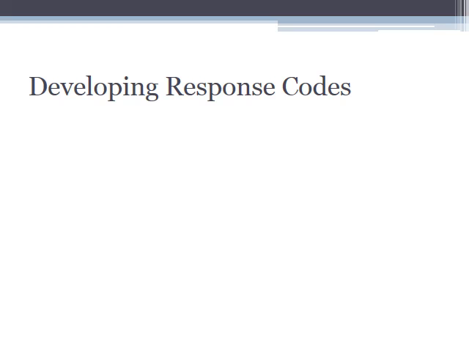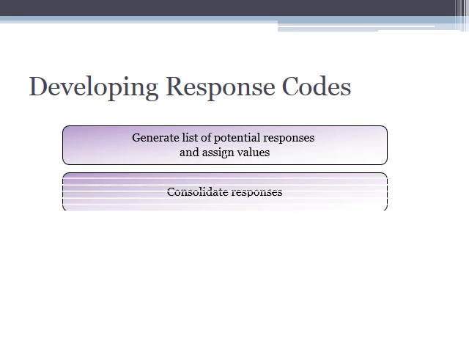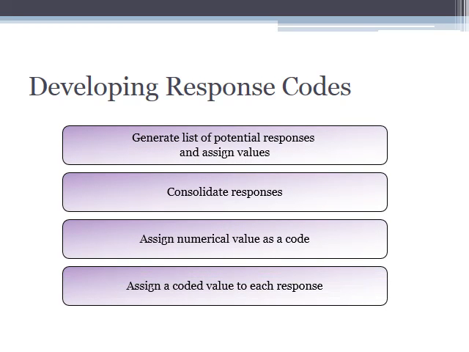That process is a 4-step process of developing these response codes. We generate a list of the potential responses, and we assign the values. We consolidate the similar responses. So think back to the prom example. We generated the list of potential responses on the board, and then we consolidate responses.